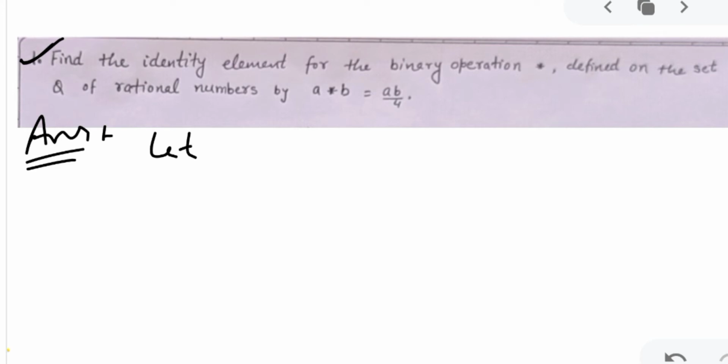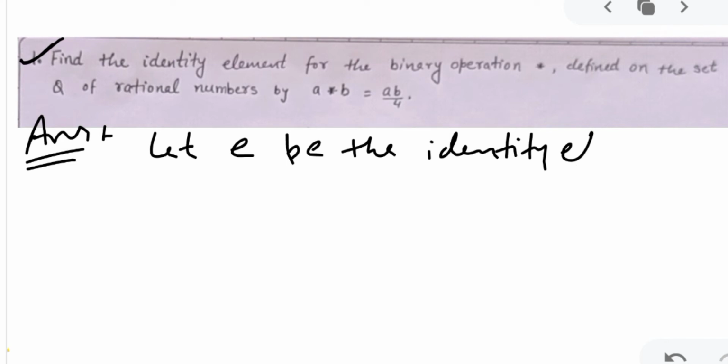Let E be the identity element, because the question is asking for the identity element. I assume that E is the identity element for the binary operation star, which is defined as a star b equal to ab upon 4.